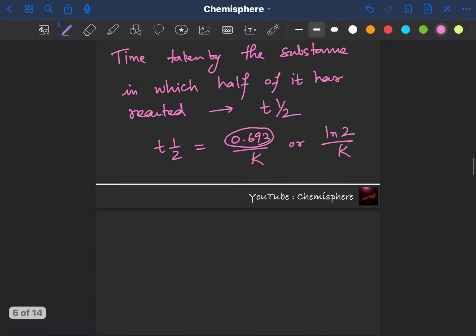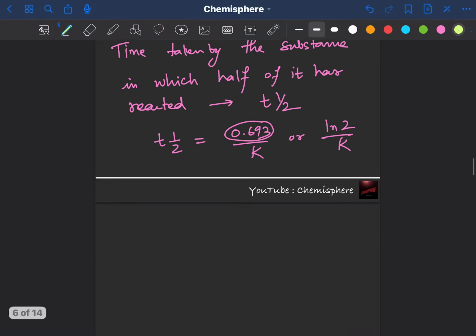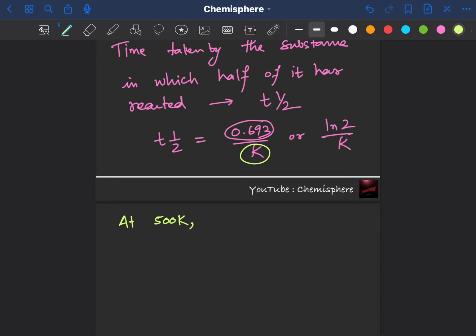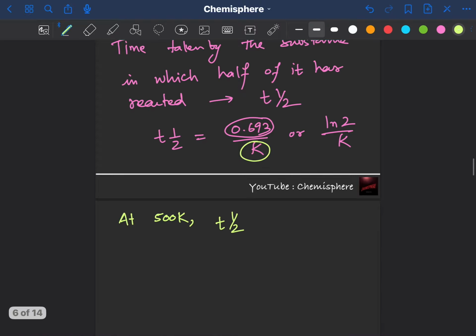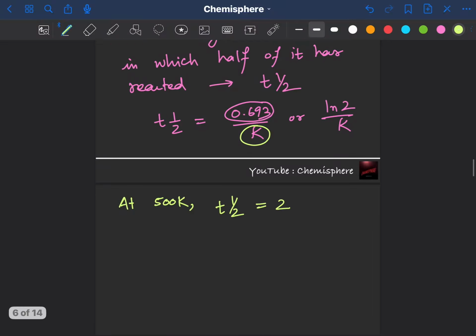Okay, now at 500 Kelvin, so it is given to us that at 500 Kelvin, temperature is important because K depends upon temperature, T half, that is the time taken by the substance in which half of it has reacted, is 2 hours. So we know that this will be equal to ln2 by K of reaction 1, obviously, at 500 Kelvin.